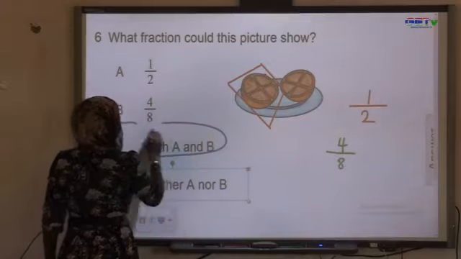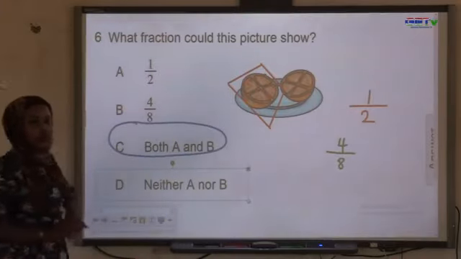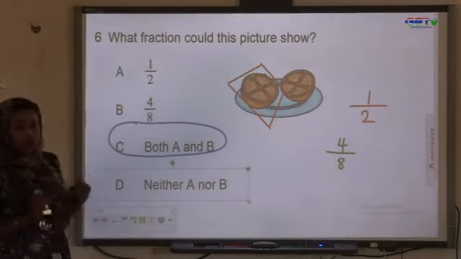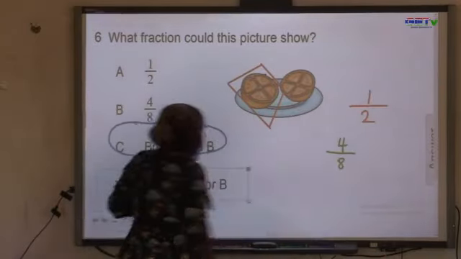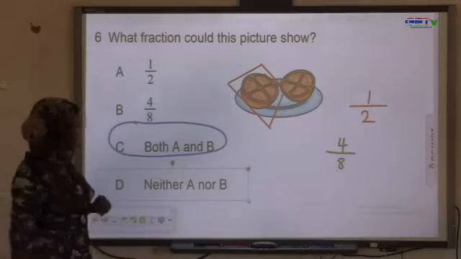That is both A and B. That is what the picture is showing us, which is half and 4 over 8, which is 4 eighths.